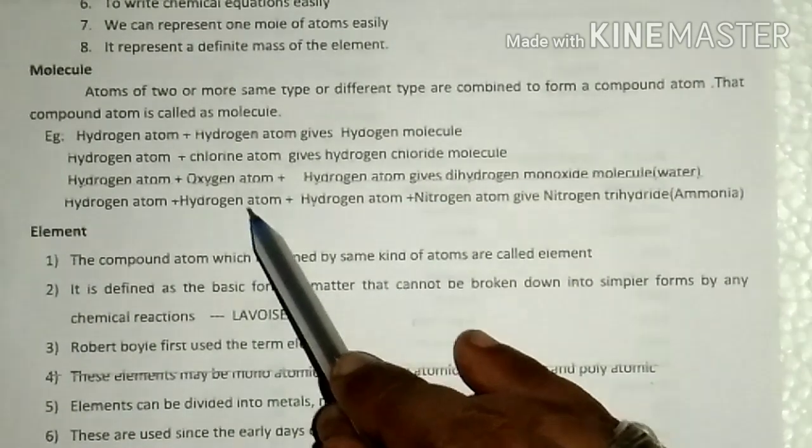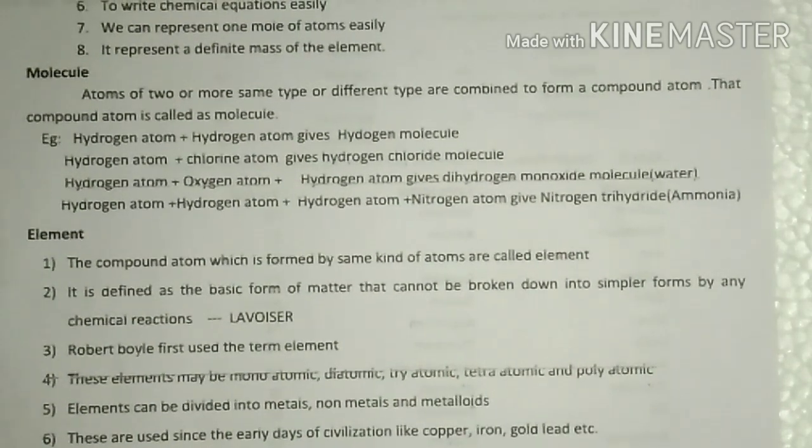Similarly, the oxygen molecule is an oxygen atom and an oxygen atom, and the nitrogen molecule is a nitrogen atom and a nitrogen atom. If we consider the ozone molecule, it is oxygen atom plus oxygen atom plus oxygen atom, which means three oxygen atoms combine to form one molecule of ozone.